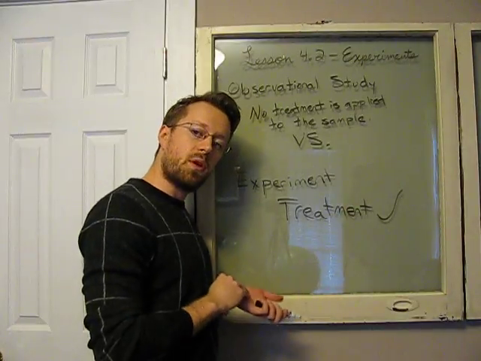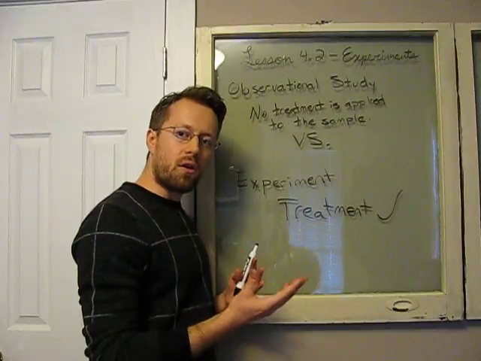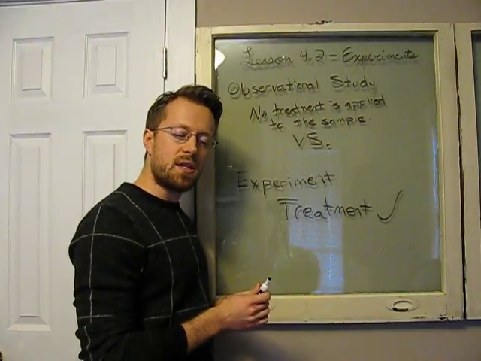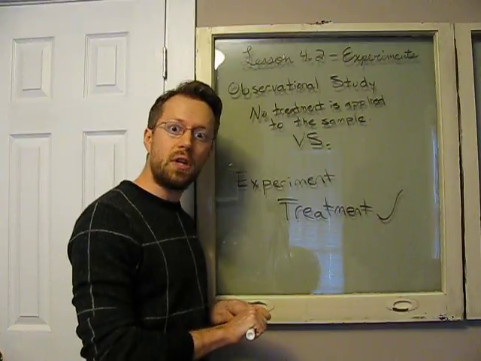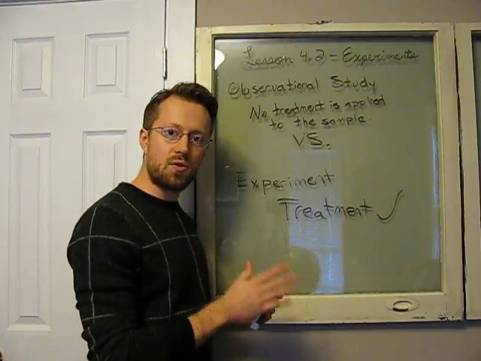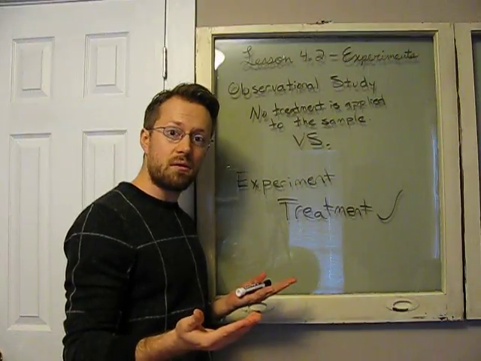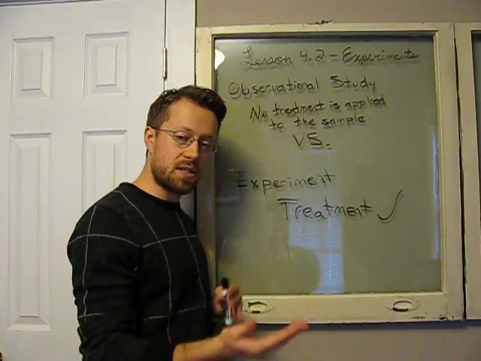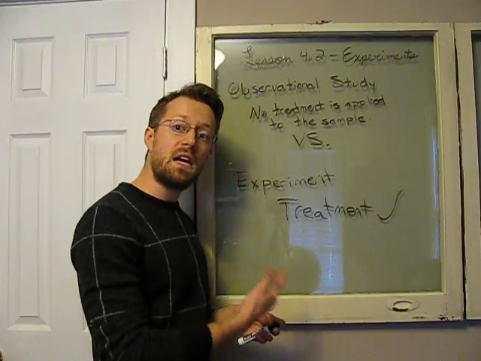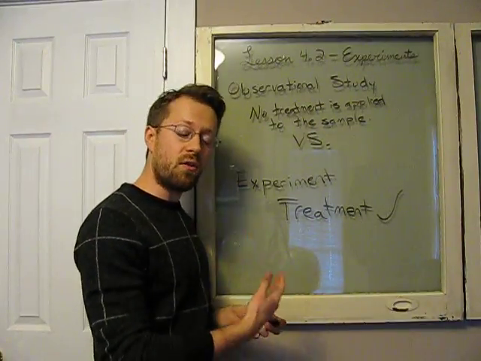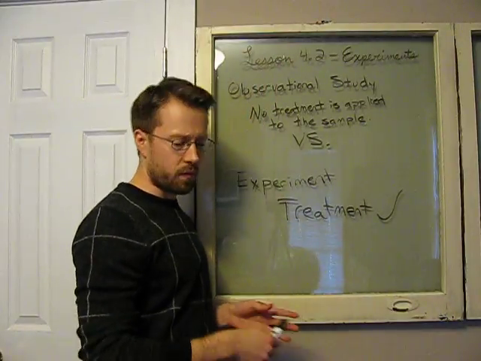I measure their pulse rate before, I measure the pulse rate after, and I can compare those two numbers and see if caffeine made a difference. And if caffeine intake is the only thing I did to those people, and they had nothing else different from test subject to test subject, then I could say it seems that caffeine is causing an increase in their pulse rate and not some other factor.